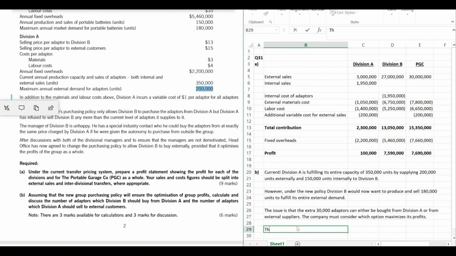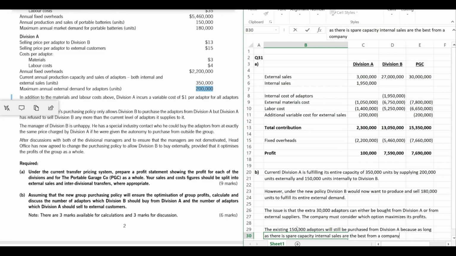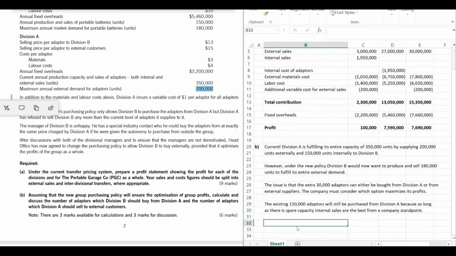So the existing 150,000 adapters will still be purchased from Division A, because as long as there is spare capacity, internal sales are the best from a company perspective, okay? Now let's weigh up the 30,000 units, right?